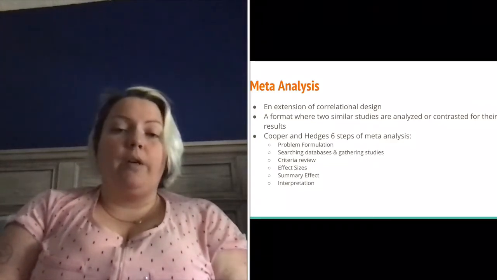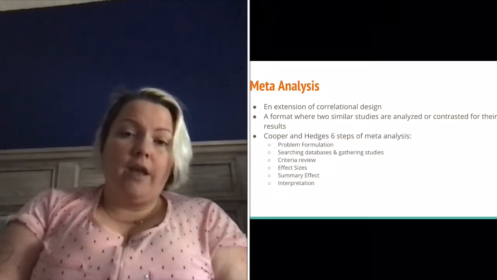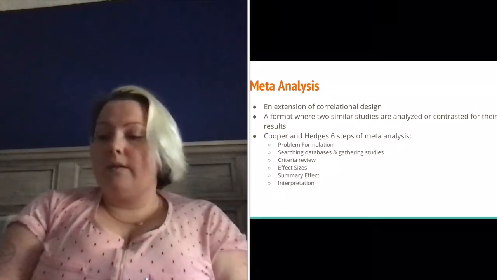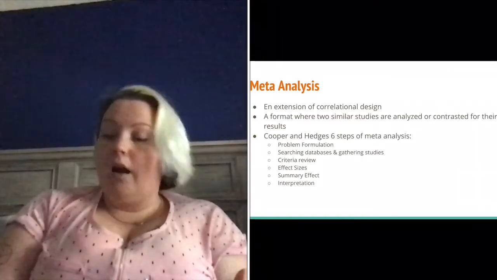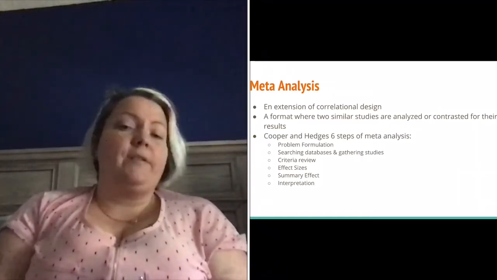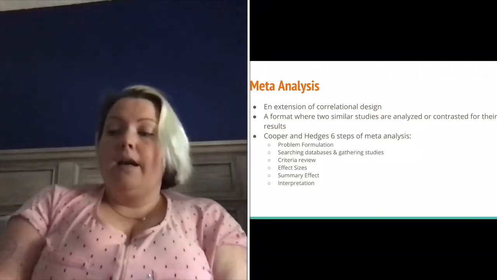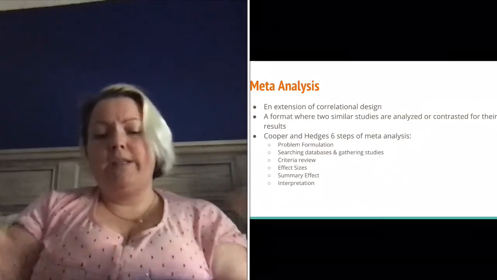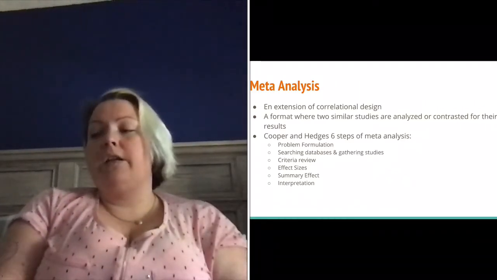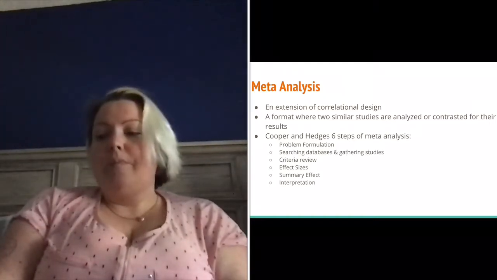Then we do a criteria review, where the studies are then divided into certain characteristics of things like variables, outcomes, or sample size, for example. And then we move into the effect size, which we take all the information we got in our criteria review and we kind of average it out.